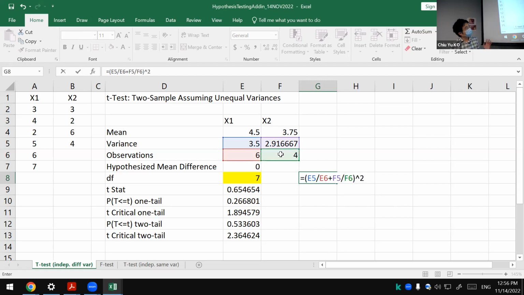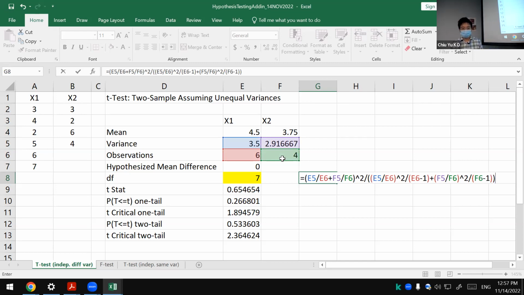And the denominator will be the sum of two terms: (S1² over N1) squared over N1 minus 1, which is related to sample 1, and (S2² over N2) squared over N2 minus 1 for sample 2.